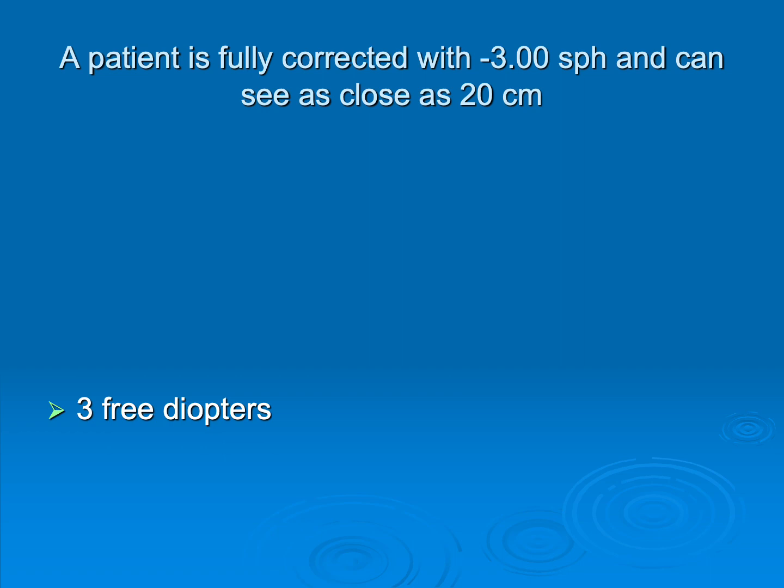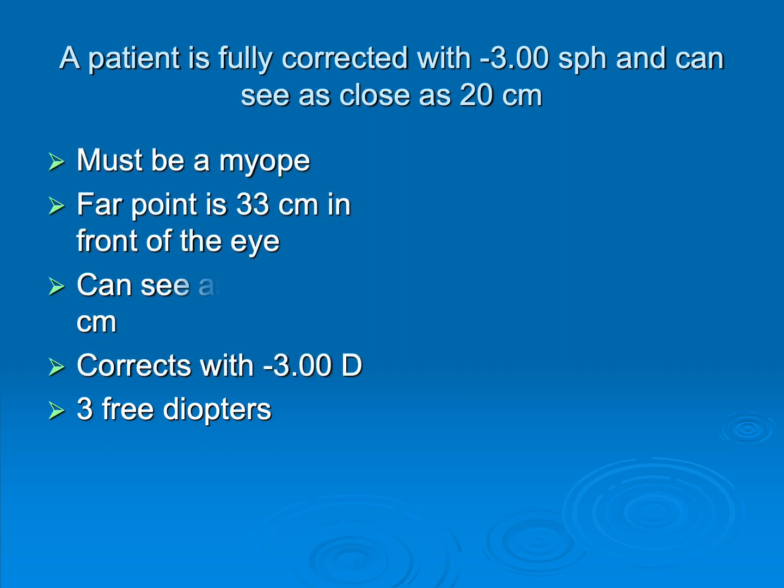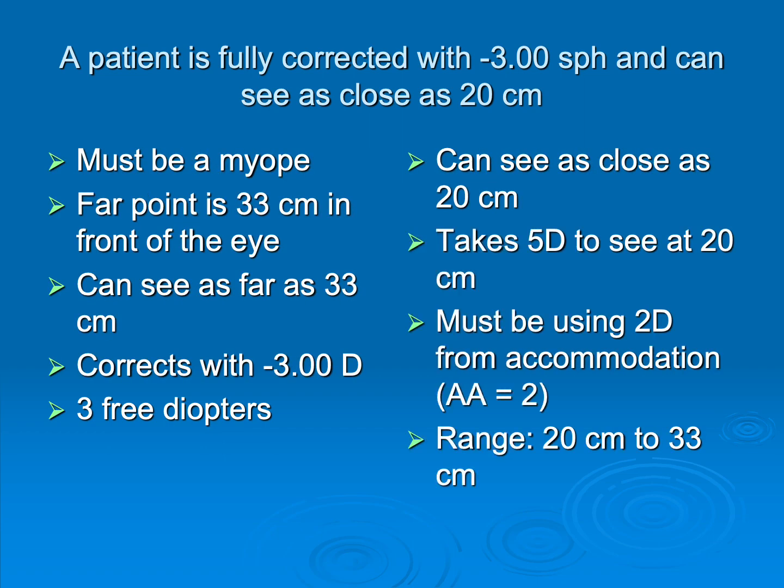Pretty straightforward math there. The accommodation must be 2. And so I suppose that kind of answers everything that we could possibly ask. I mean, I suppose you could ask, what is the range? Range would be 33 centimeters to 20 centimeters. I just don't know what else we could possibly ask here. This was about as straightforward as they get.